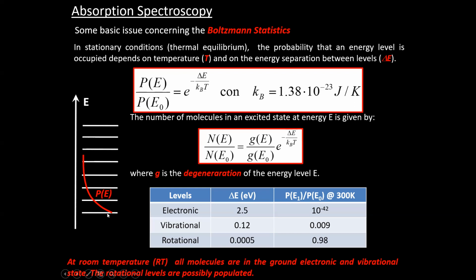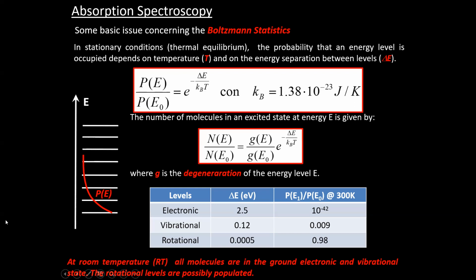In atomic physics, when you studied the hydrogen atom, for example, you discover that the energy of the 2s level is the same as the energy of the 2p levels. So at that energy, you do not have just one level, but you have four energy levels, the 2s and the three 2p orbitals.